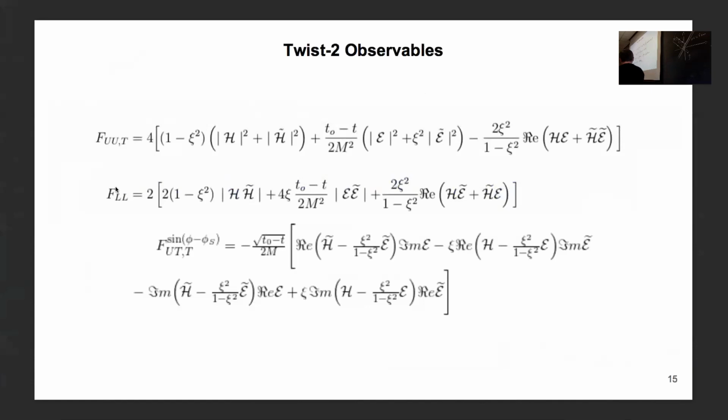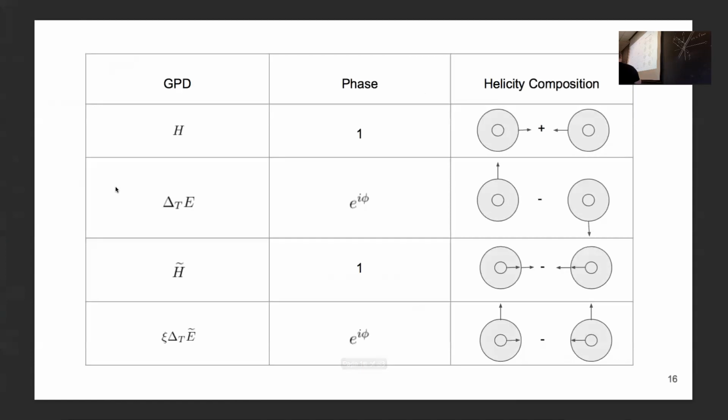So we're hoping, or it's ideal, that you'd be able to access all 24 of these observables. So then you can imagine these in terms of their helicity structure. So H is given by this unpolarized. This is just a way to wrap your mind around what you're looking at in terms of the GPDs. And they also come with specific phases.